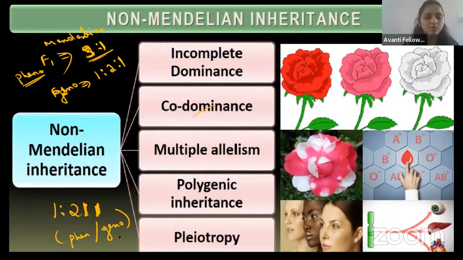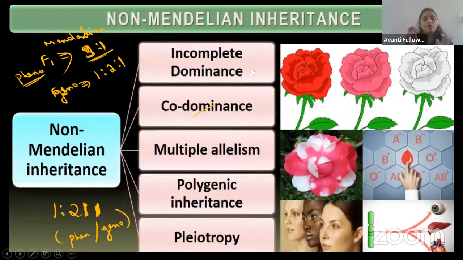What is the phenotypic ratio? 1:2:1. What is the genotypic ratio? 1:2:1. Similar in incomplete dominance also, and in multiple allelism also. We will study the examples and everything.